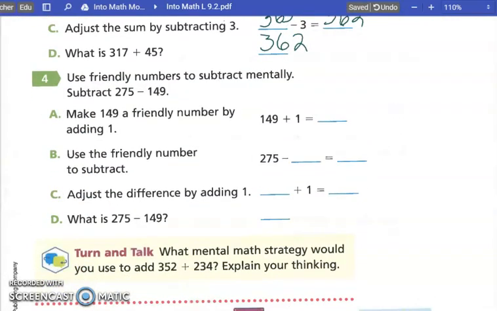It says use a friendly number to subtract mentally. They want you to take 275 and subtract 149. So they're going to change your 149 to a friendly number. Okay? And they're going to do it by adding 1, and that will be what?